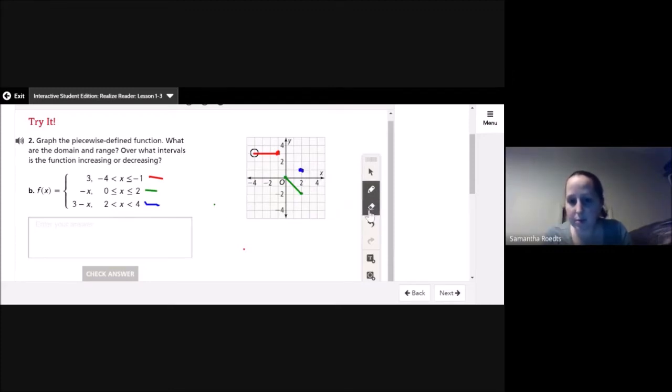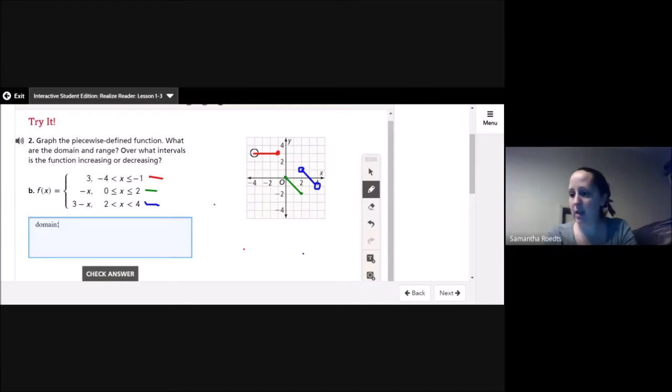That's a really bad open circle. Try that again. Okay. And then to 4, 3 minus 4 is negative 1. So negative 1 is right here. Okay. And then I have a line between them. Okay, so that's my function.